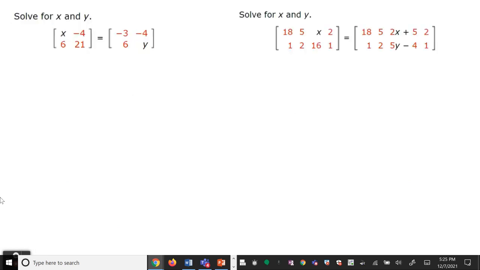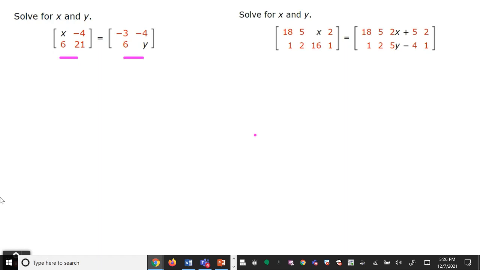Okay, so another problem that you might see is solve for x and y. And all that they give you is the two matrices there. And so since they tell you that this matrix is equal to this one, then what that means is that each entry should be the same.